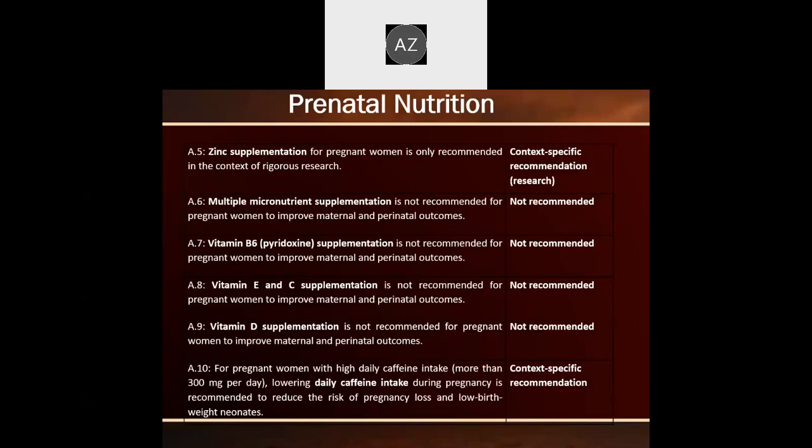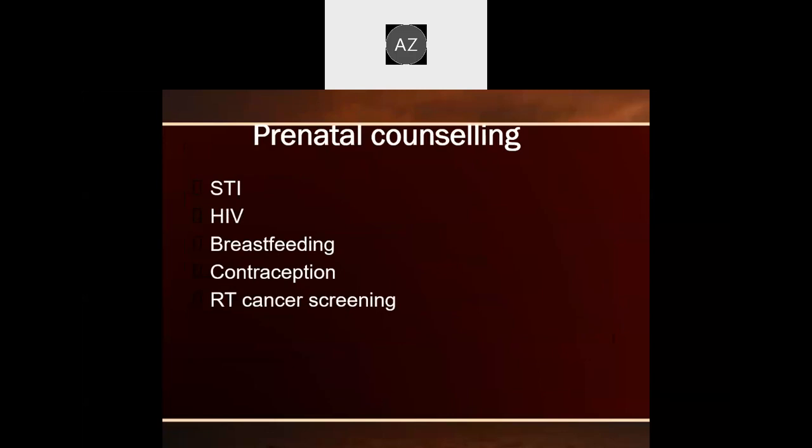Vitamin E and C, not recommended. Vitamin D, not recommended. For pregnant women with high dietary caffeine intake, more than 300 milligrams per day, lowering daily caffeine intake during pregnancy is recommended to reduce the risk of pregnancy loss and low birth weight neonates. It's context specific as well.